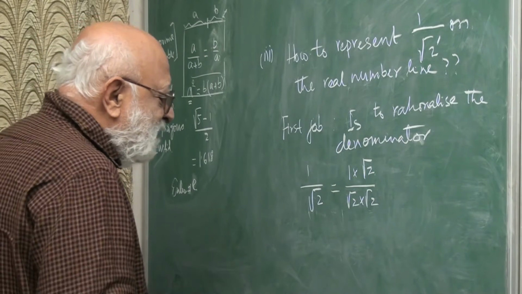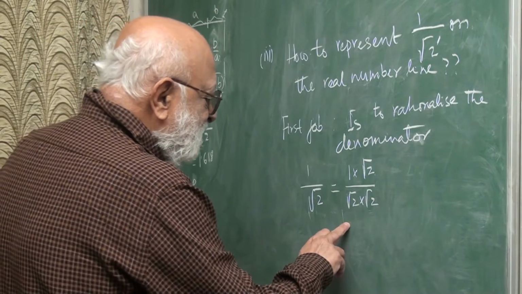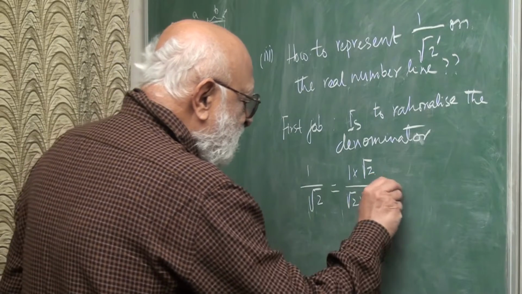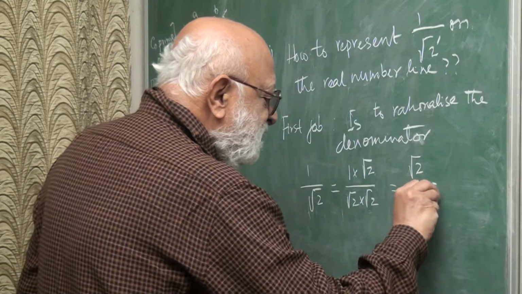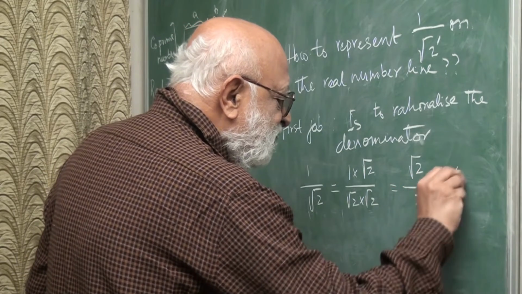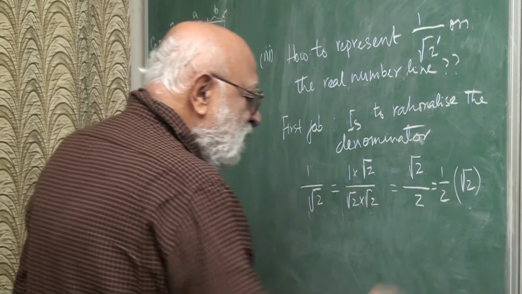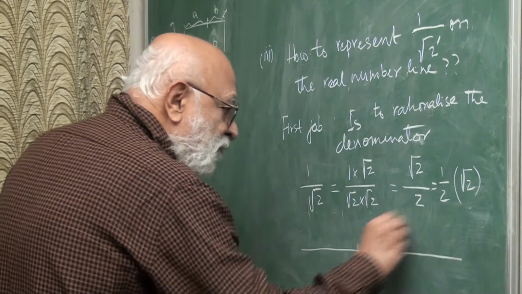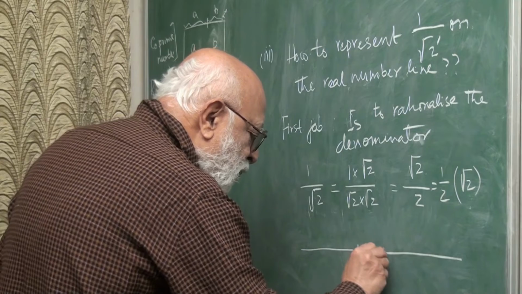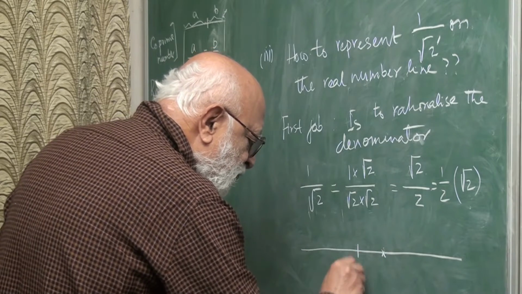So what does that give me? The denominator will be 2, which is the same as half into root 2. So on the number line, I will find out the position of root 2.